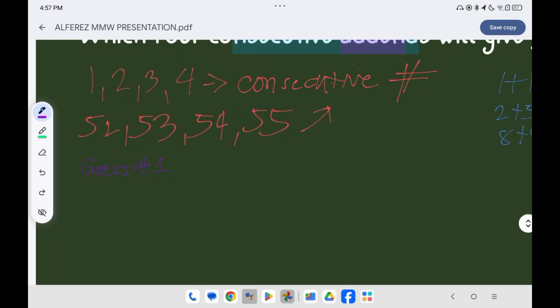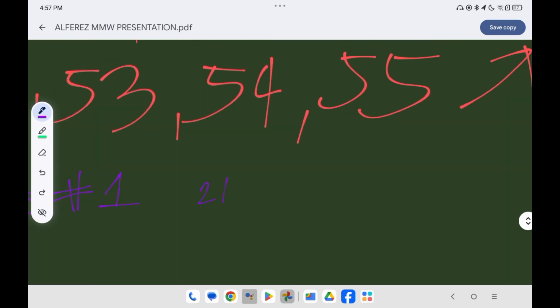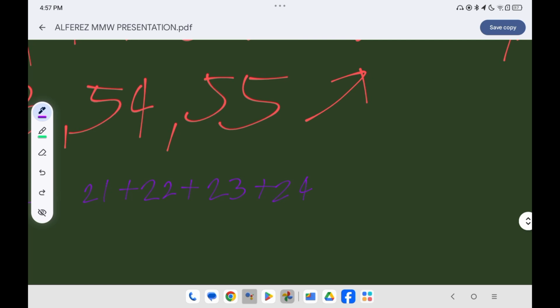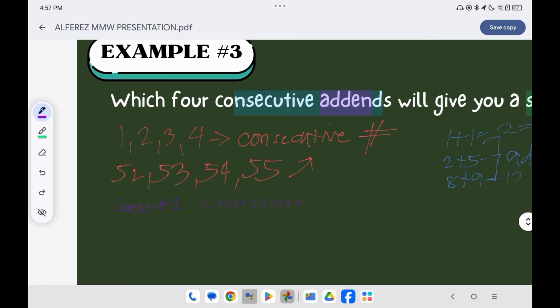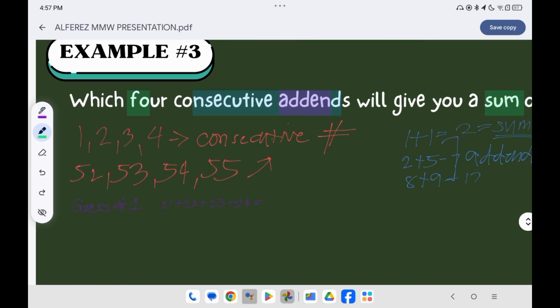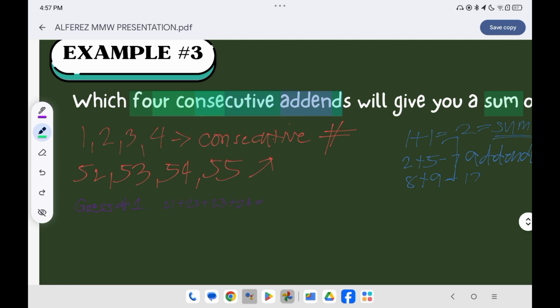Let's assume that we think of a number starting from 21: 21 plus 22 plus 23 plus 24. If you have a question why I put 4 numbers, it is because the problem is asking for 4 consecutive numbers, consecutive addends, I mean.